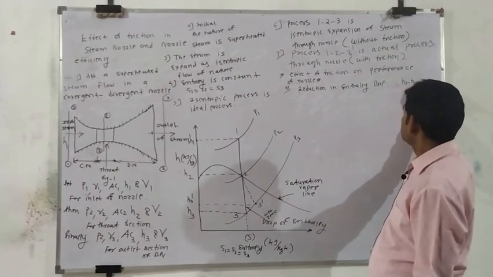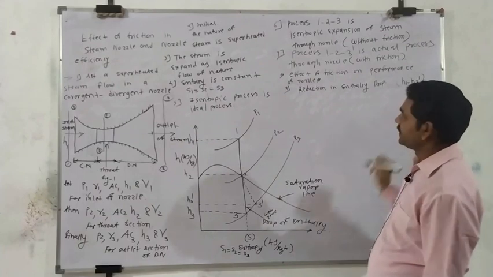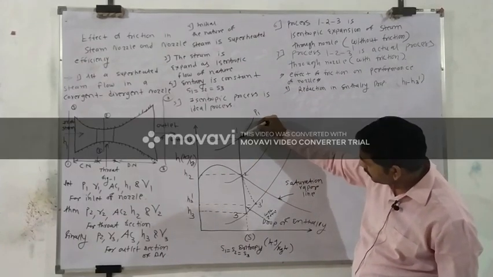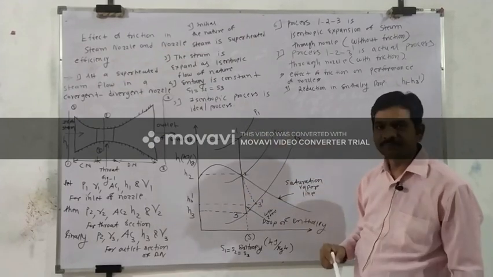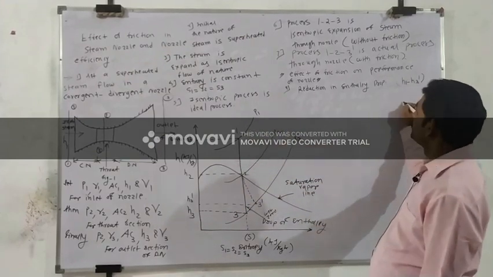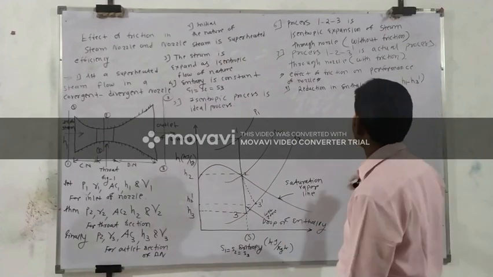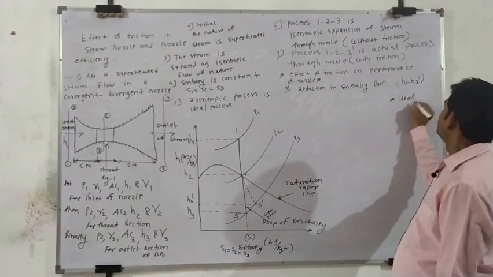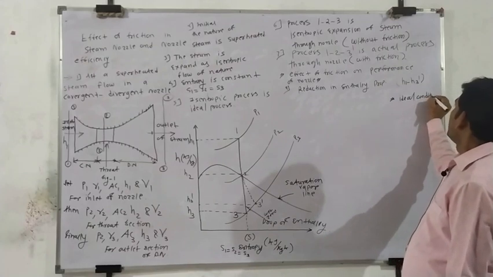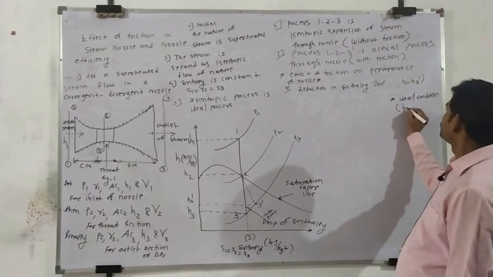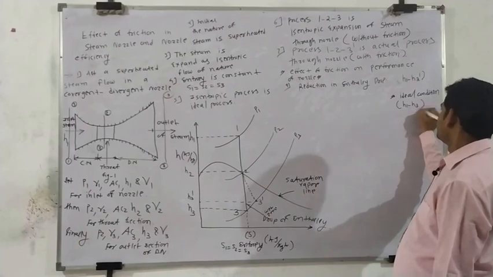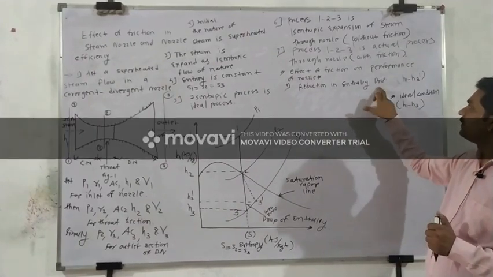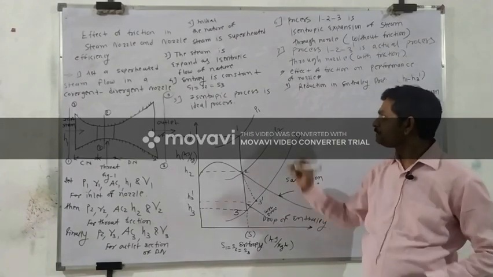This is the actual, and in ideal conditions, H1 minus H3. So the overall conclusion is the reduction in enthalpy drop due to the frictions.